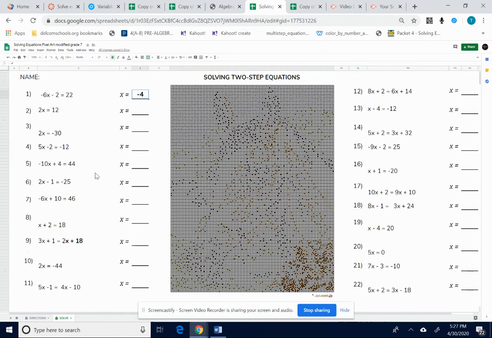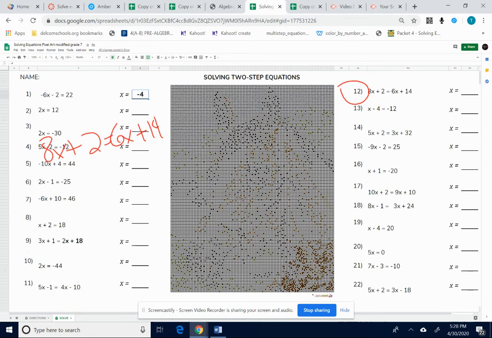Okay, let's do number 12. Again, I'm just going to write on top of the screen here. 8x plus 2 equals 6x plus 14. Look for x's on both sides first. In this problem, there are x's on both sides, so get rid of the smaller one.